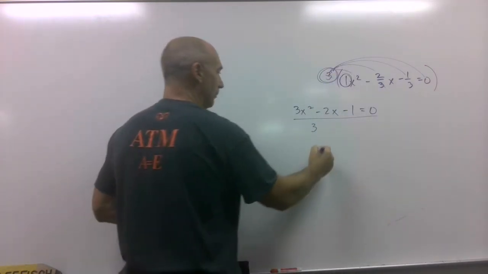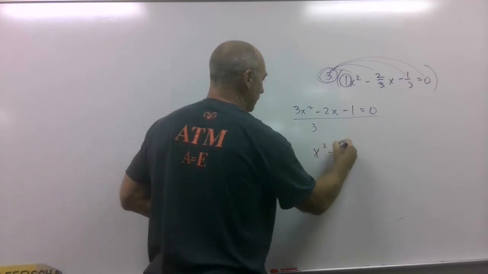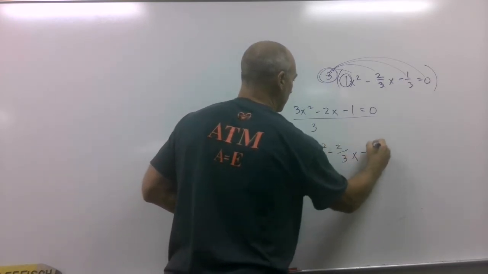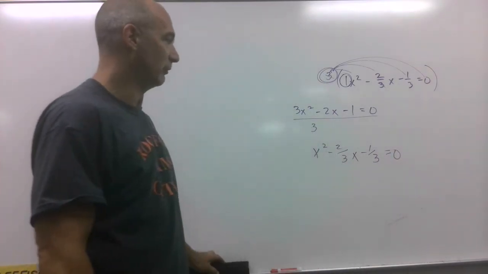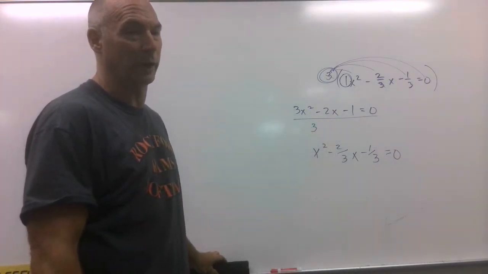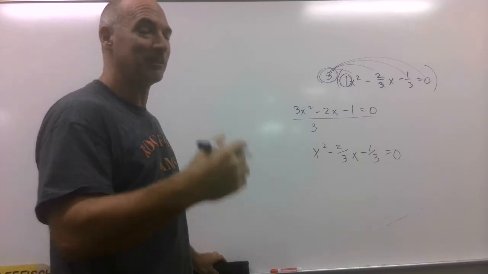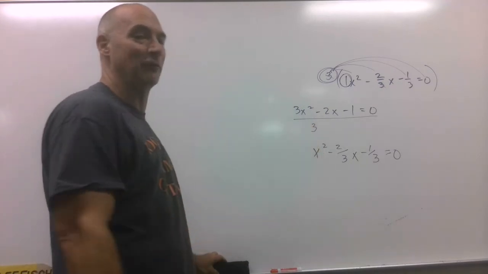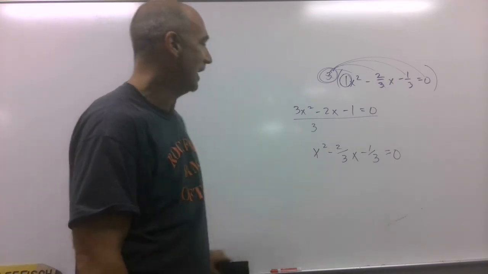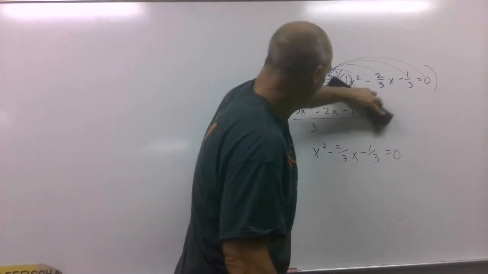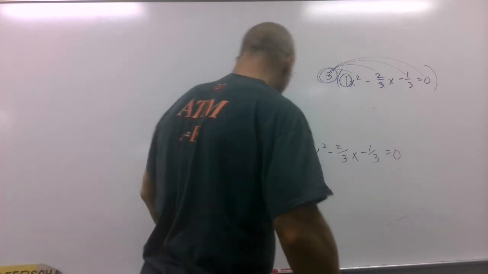So I would end up going back to where I started and realize, you know what? I have to deal with fractions if I'm going to use completing the square. And this one's kind of for the advanced, if you need to be pushed a little bit, because the problem is going to be dealing with fractions.